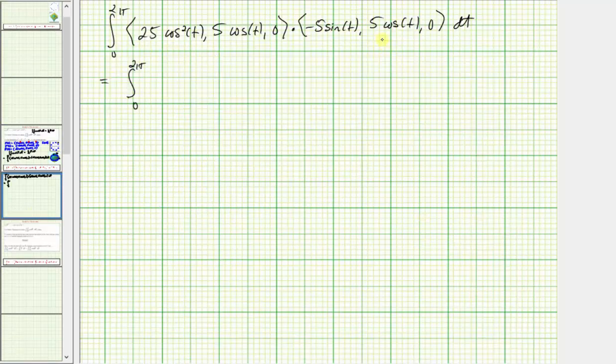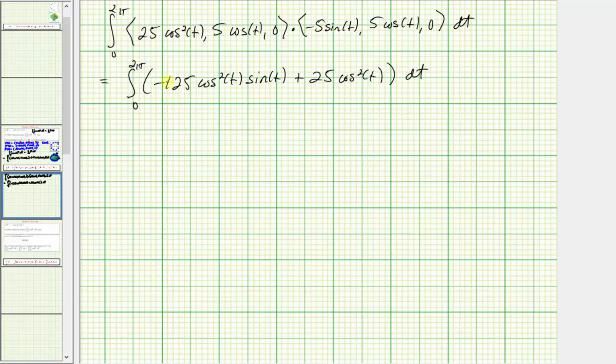So now we'll find the dot product. 25 cosine squared t times negative 5 sine t is equal to negative 125 cosine squared t sine t. Then we have plus 5 cosine t times 5 cosine t, that's plus 25 cosine squared t. And of course, 0 times 0 is 0.